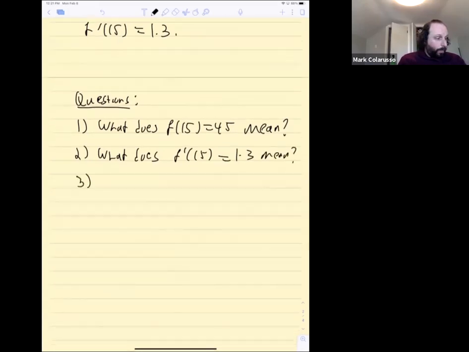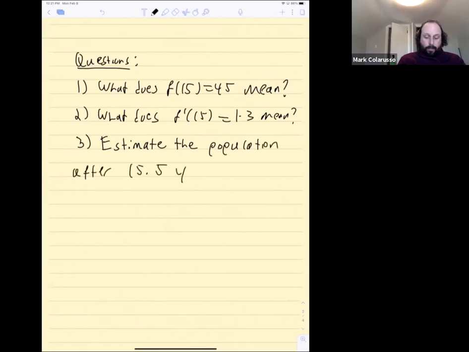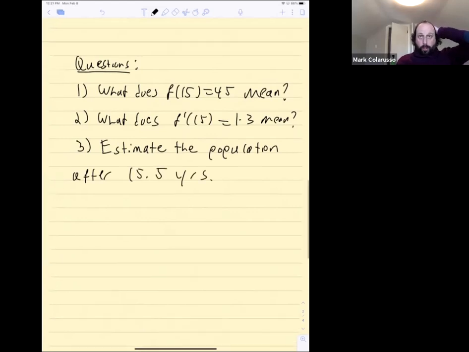And 3: estimate the population after 15.5 years. Okay, so that's what it wants us to do.